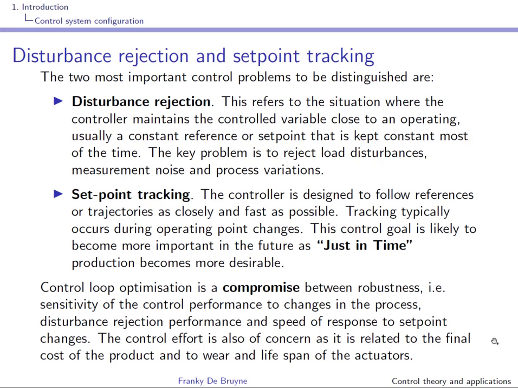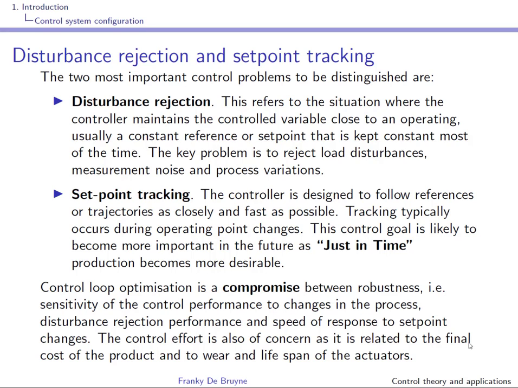A typical example of a disturbance rejection problem is the temperature control of a room. The temperature set point hardly ever changes, but the controller has to reject disturbances, for instance due to people coming in and out of the room and disturbances coming from the outside temperature.